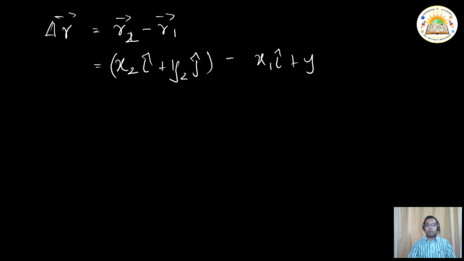This would be nothing but x2 i cap plus y2 j cap minus x1 i cap plus y1 j cap. Now please remember to put the bracket here. Now as we have done previously, we will put all the i caps and j caps together.